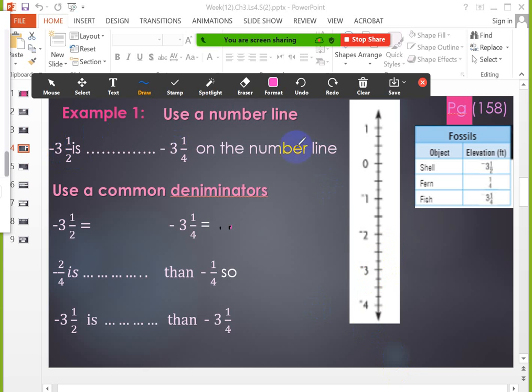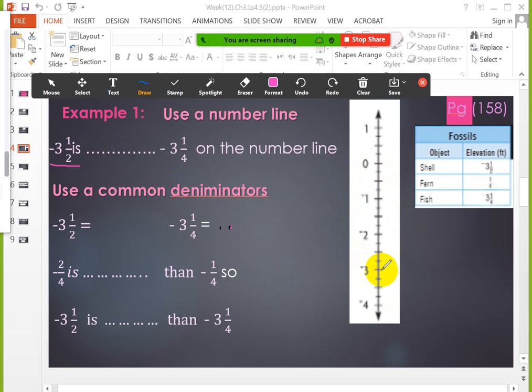Look at this number. I will use the pink color for the first number. Okay, negative 3 and 1 over 2. This is a mixed number. As I said, a mixed number will be in between what? Between negative 3 and negative 4. Where? In the middle, because for negative 3 and 1 over 2, I have to start from 0 here and jump to negative 3.